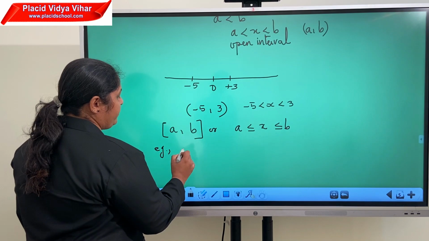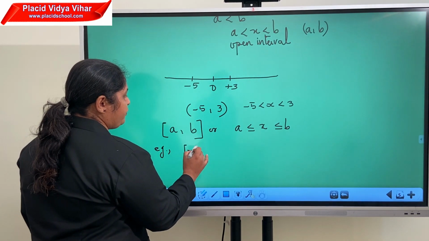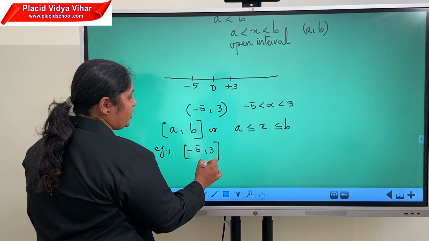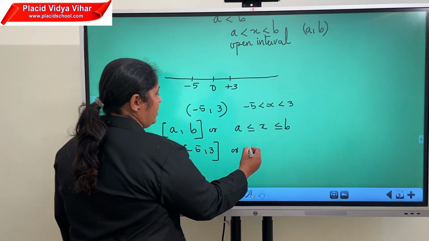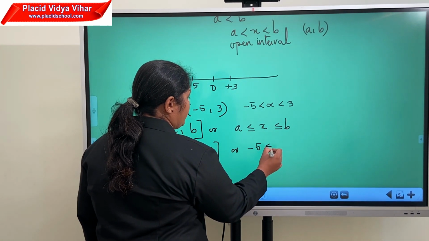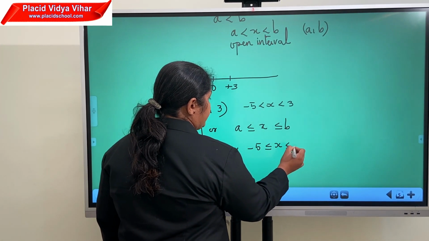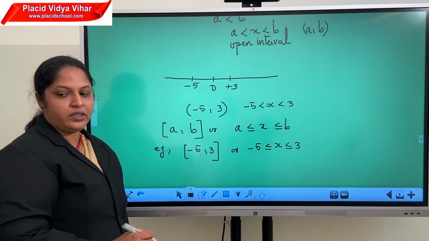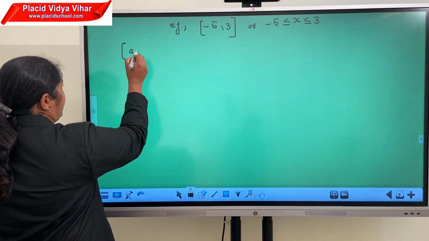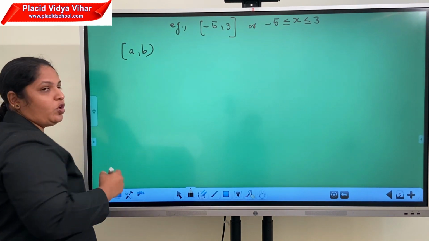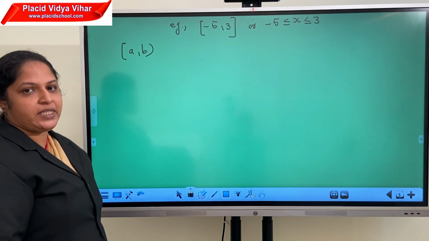The same example we will write: [-5, 3] or -5 less than or equal to x less than or equal to 3. What does this interval represent?